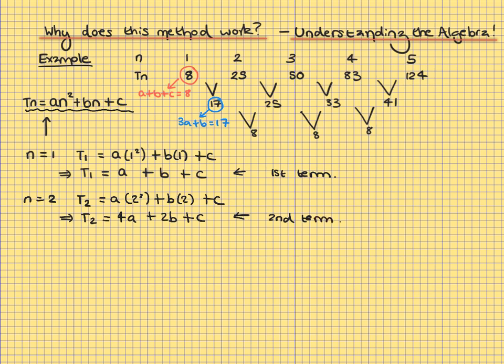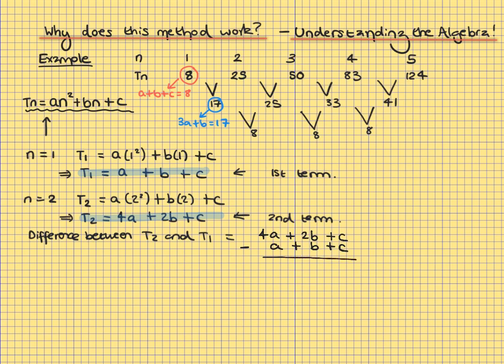Now, if I want to find the difference between the first and second term, so the difference between t2 and t1, then I have to do a subtraction. I have to take t2 and subtract from it t1. Let's write that out. So that's 4a plus 2b plus c, subtract a plus b plus c.